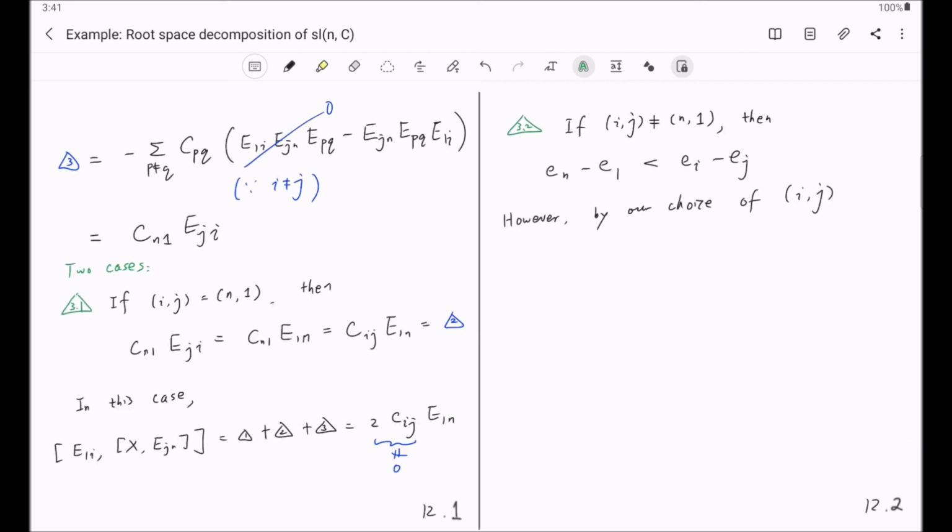So, if there's another term, e_n minus e_1, that is strictly less than this one, which is supposed to be the minimum such that the corresponding coefficient is non-zero, it follows that the coefficient corresponding to this, c_{n1}, must be 0.